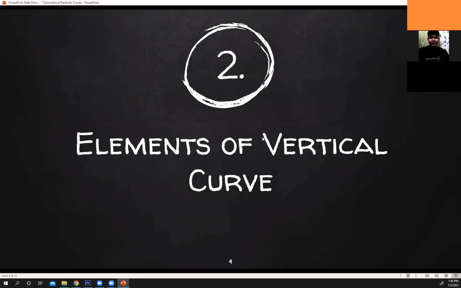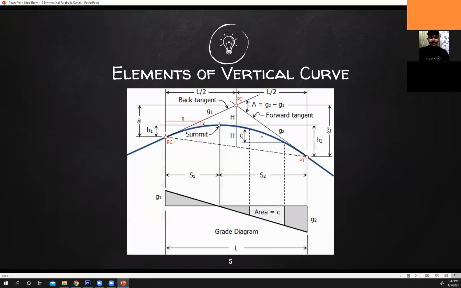Let's talk about the elements of a vertical curve. It's a bit different from your simple curve. You have this point, it's the same, it's still your PC. Then you have your two tangent lines, back tangent and forward tangent, and the intersection of that is still your point of intersection. And then here at the end, it's still your PT, point of tangency. So those are the same points. Now what's different?